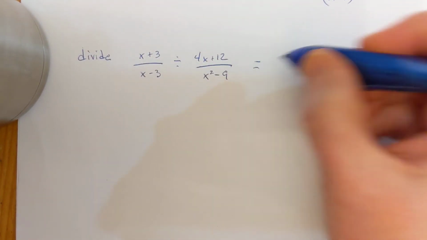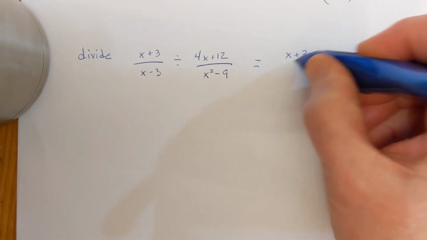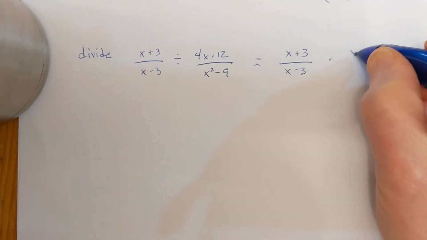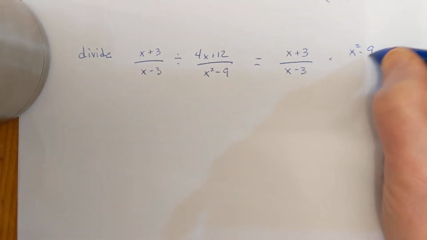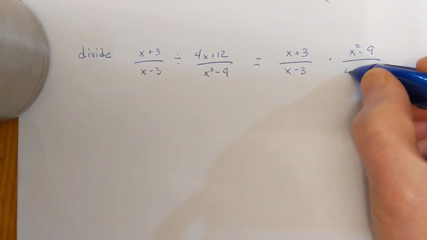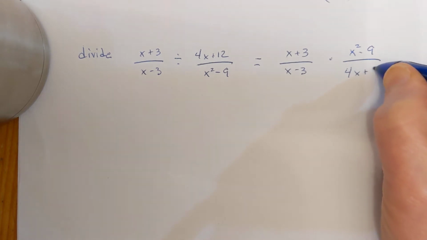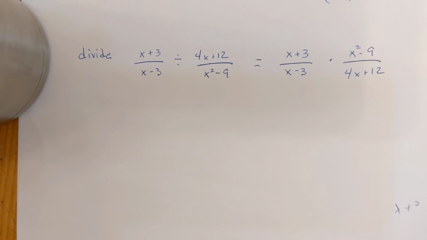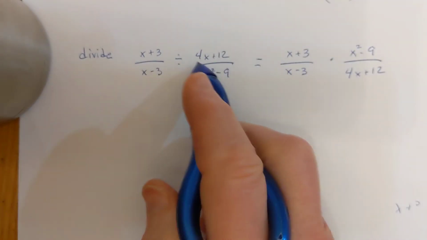So this becomes this multiplication problem. Flip it before you factor, because then you don't forget that you're still dividing when you're factoring over here.